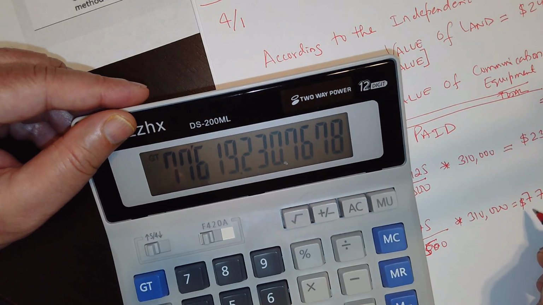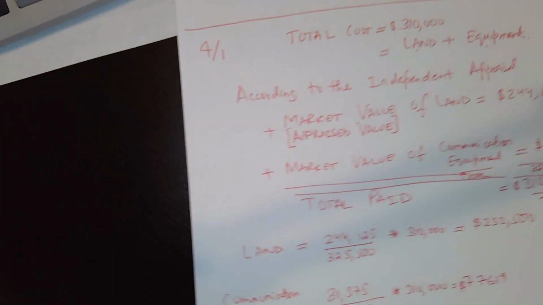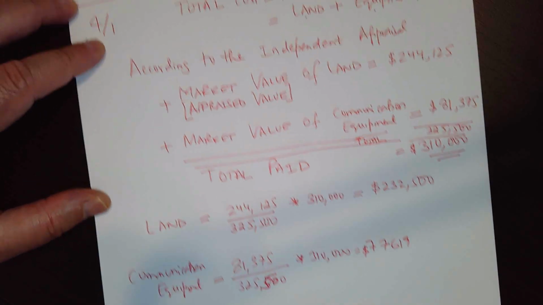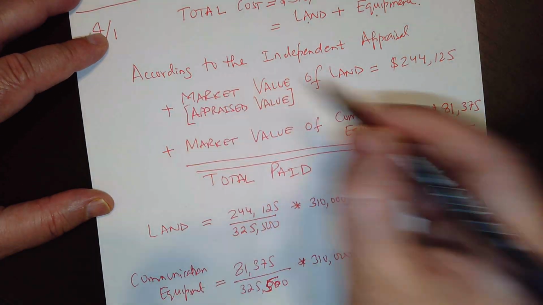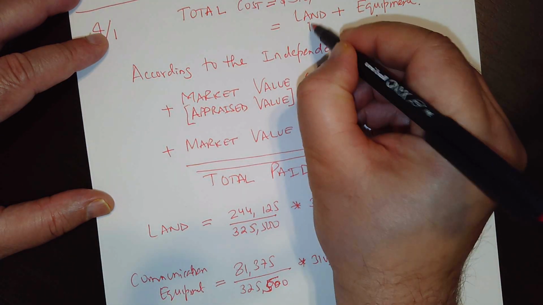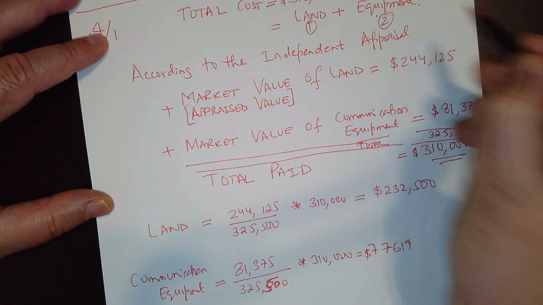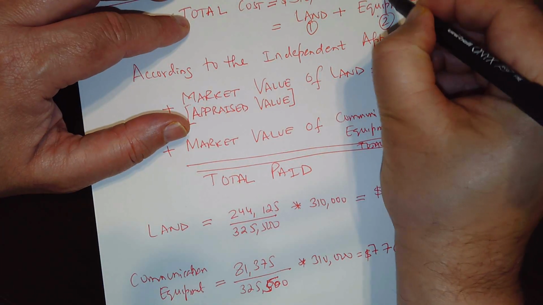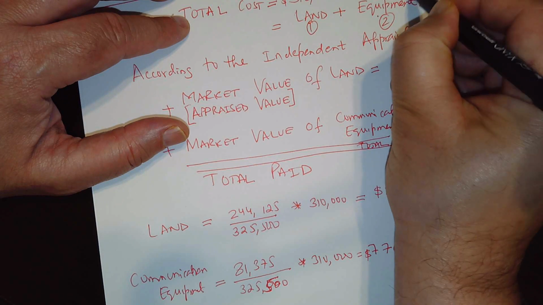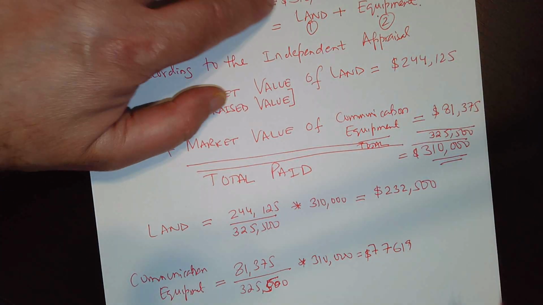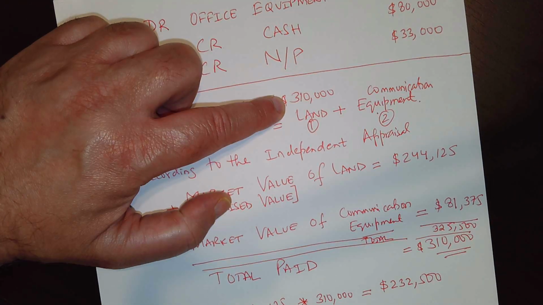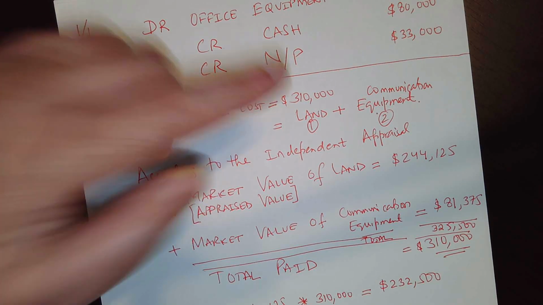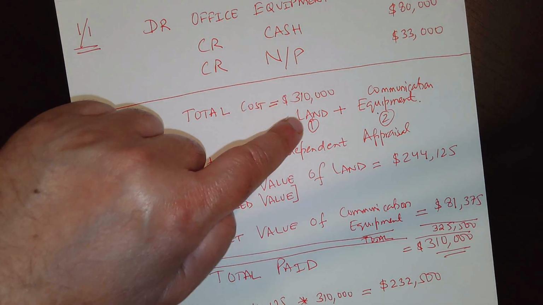Okay. I want to repeat this one more time. We purchased two things, the land and the communication equipment, and we paid a total of $310,000. That's the total the company paid for land and equipment.